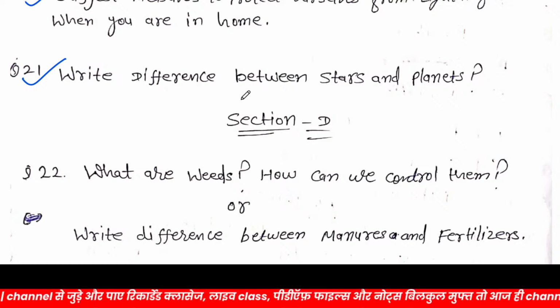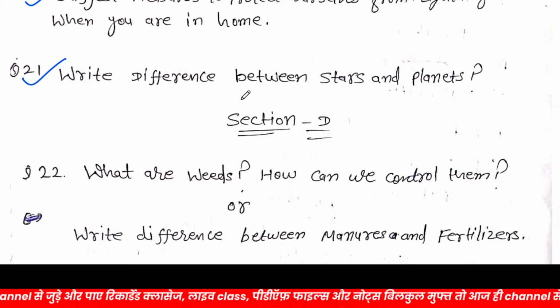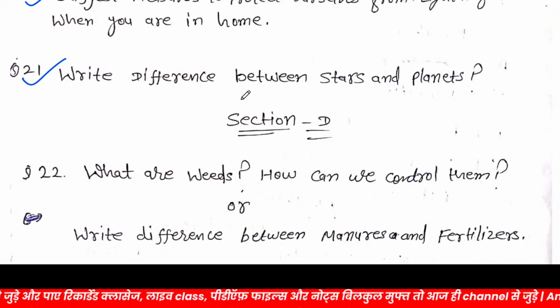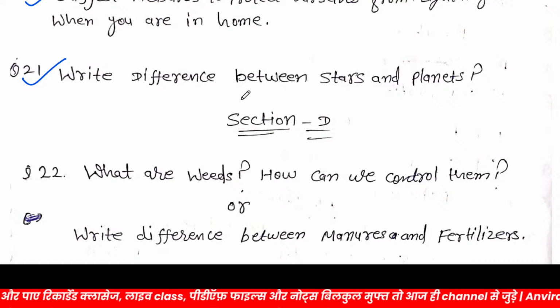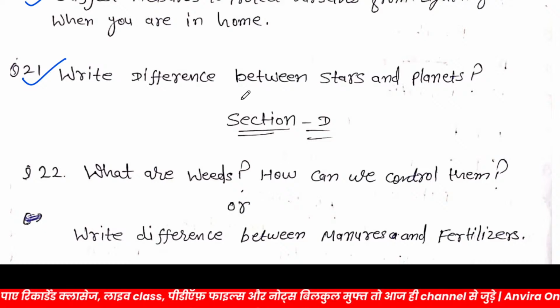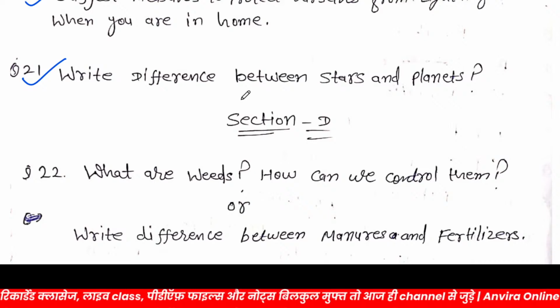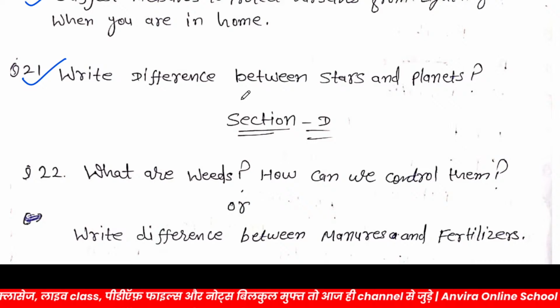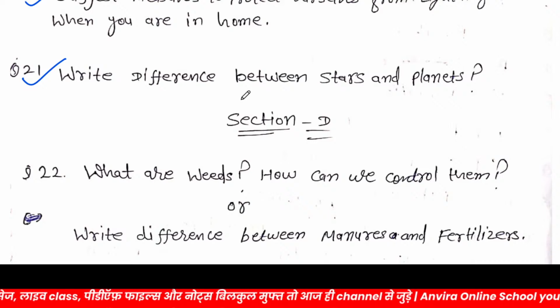Planets have no light of their own. Third difference, stars are very big in size and planets are small compared to stars. Fourth, stars twinkle in the sky, planets do not twinkle in the sky.